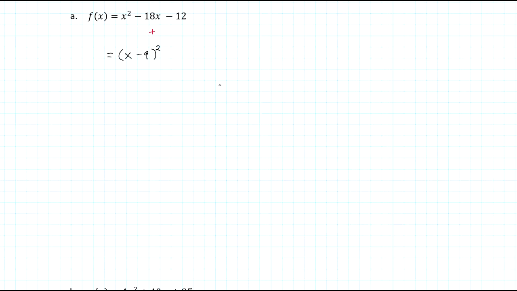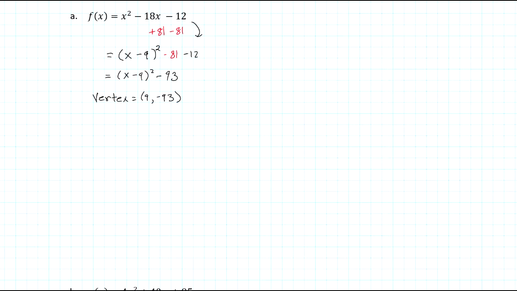By consequence, this adds 81 to our problem, so we need to also subtract 81 here to keep everything in balance, and then bring down the minus 12. Go ahead and add those together. We'll get x minus 9 squared, and then this is minus 93. Cool. The vertex then is going to be the point 9 comma negative 93.